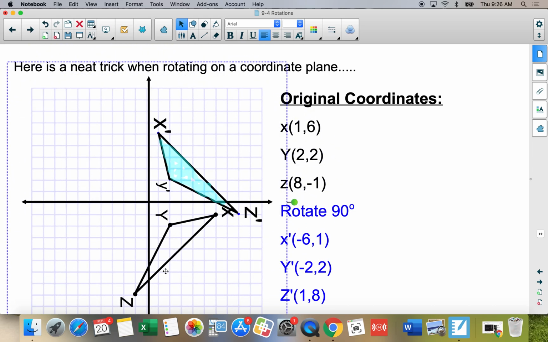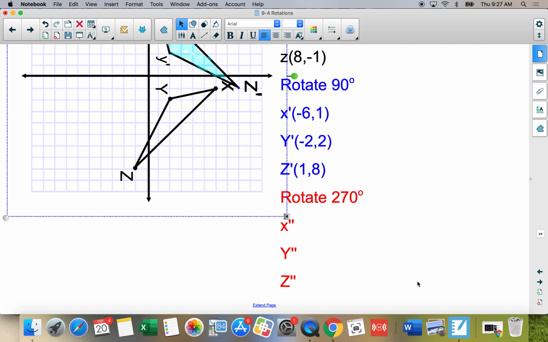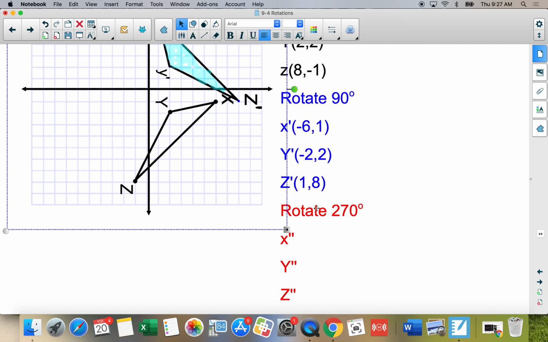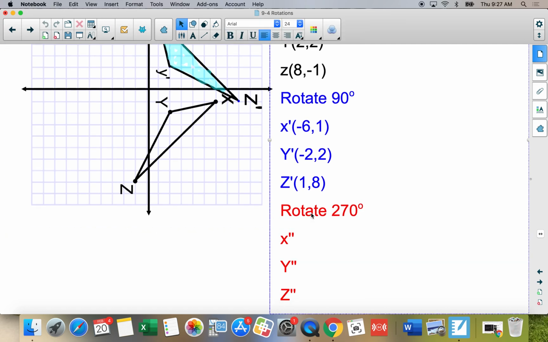Okay, so now I'm going to read the non-shaded figure. So I'm going to come down here. And I've got my X double prime, which is, what do I got? 6 comma negative 1. Y double prime would be 2 comma negative 2.